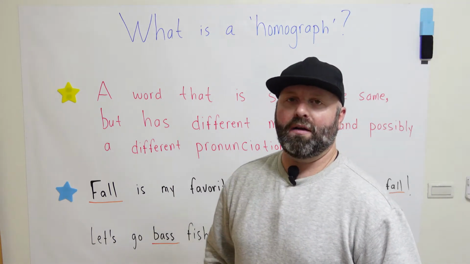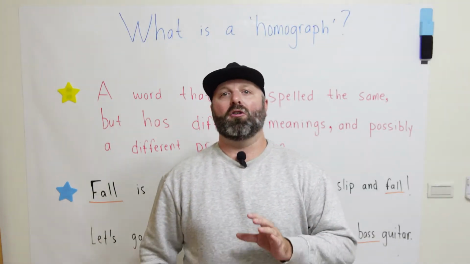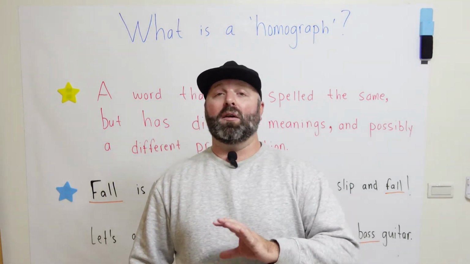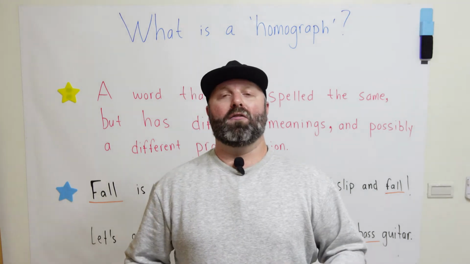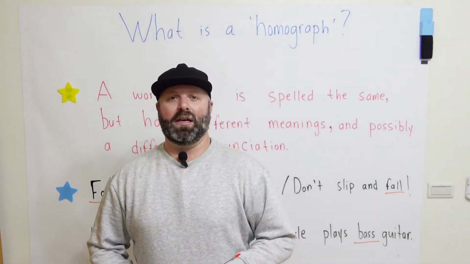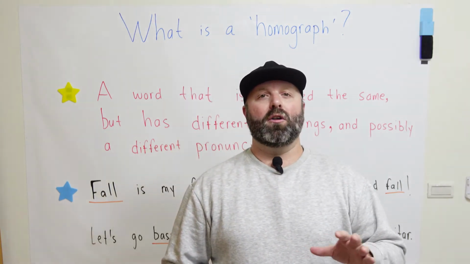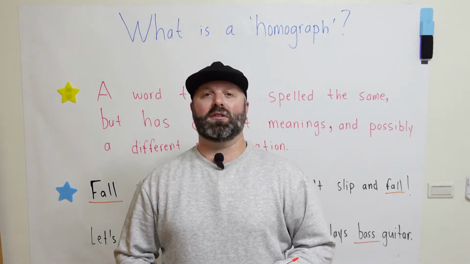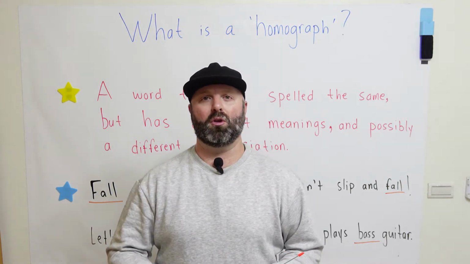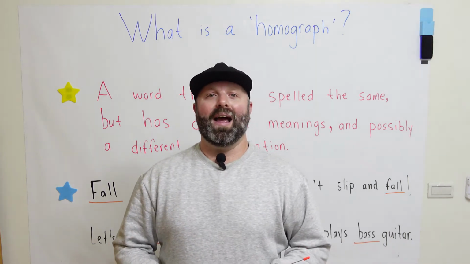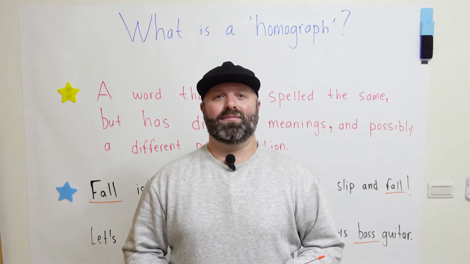So homographs are words that are spelled the same, and sometimes they sound the same, but they can be pronounced differently, and of course they have different meanings. Now, let's move on to the second part where I'm going to discuss the rules of the emphasis of pronouncing two-syllable adjectives, nouns, and verbs.